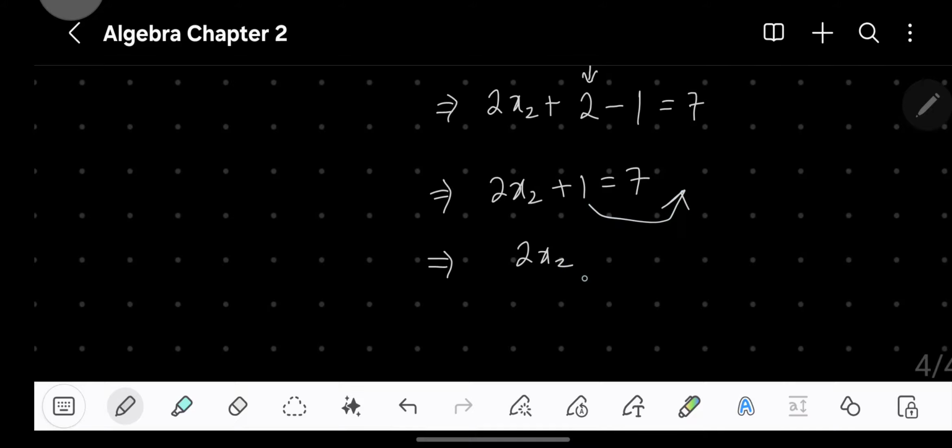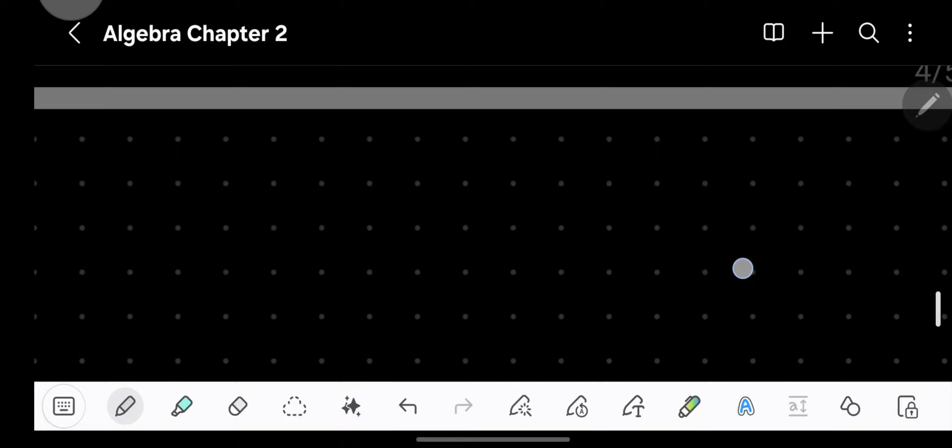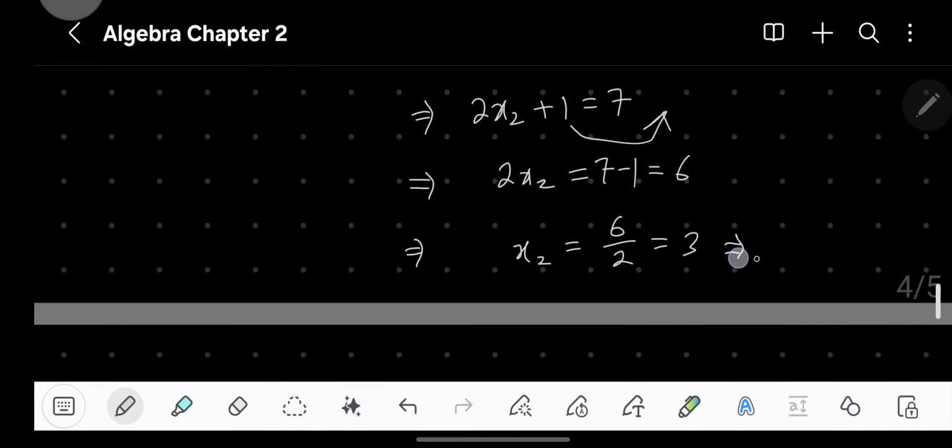Taking the 1 to the other side, I get 2x2 is 7 minus 1, which is 6. Now 2 is being multiplied with x2, so if I take it to the other side, we will divide by 2. So x2 is 3. So I got x2 equals 3.